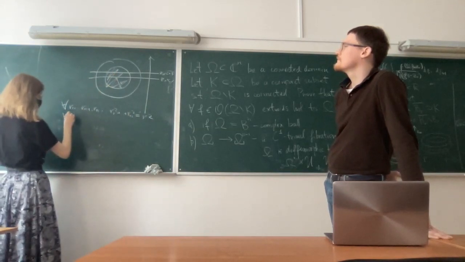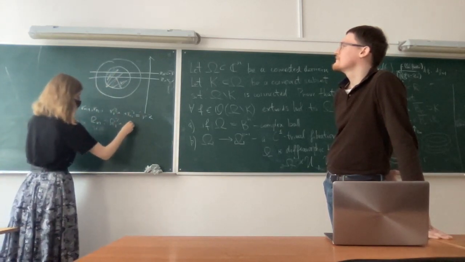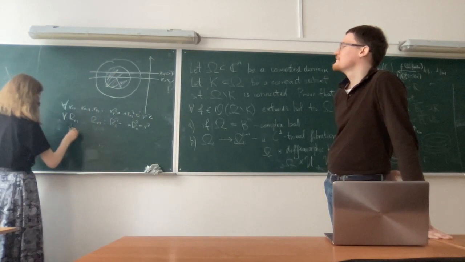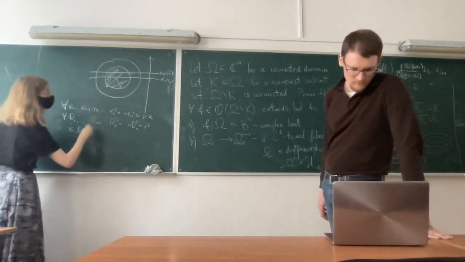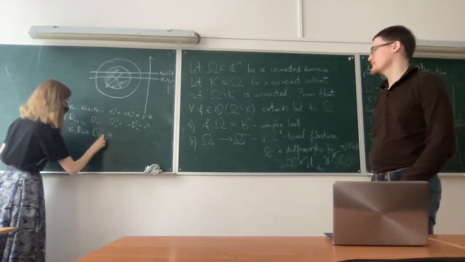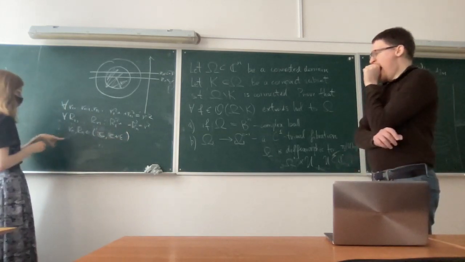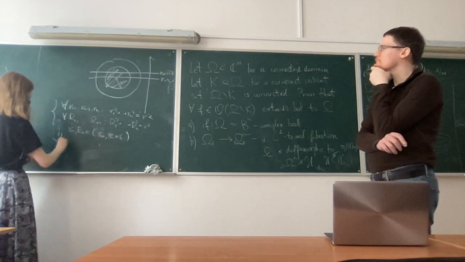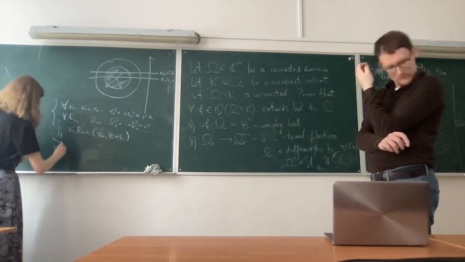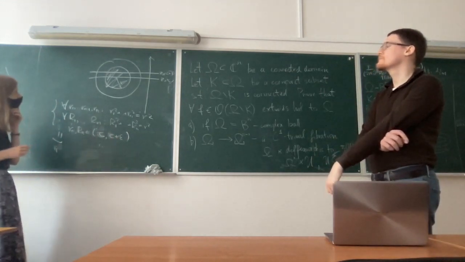And for any big R's, with the condition that Rn is between C and C plus epsilon, it's true that this implies that R1 plus R is. Is C a positive number?